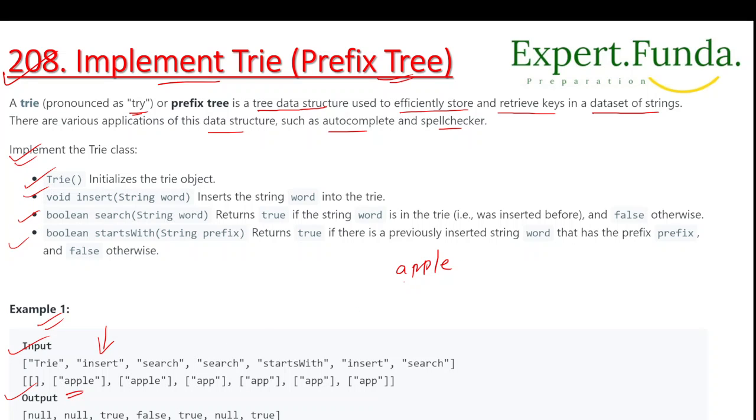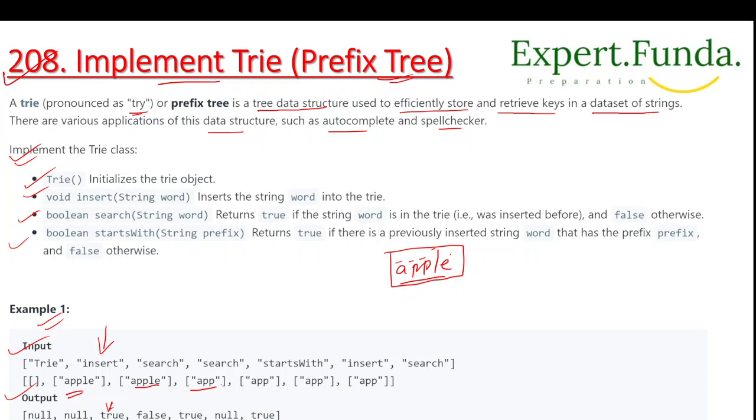Our element is apple, and we have already inserted it. Now if the trie contains this data and we search for apple, it will say true. Why? Because first we check: is this the end? No. Is this the end? No. Is this the end? No. Is this the end? No. Is this the end? Yes. So the exact word exists in the trie.